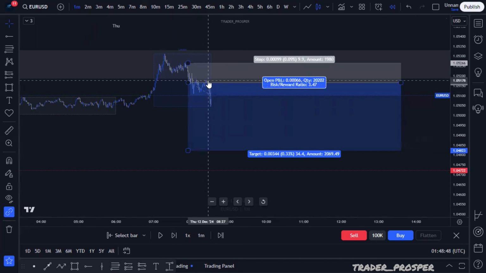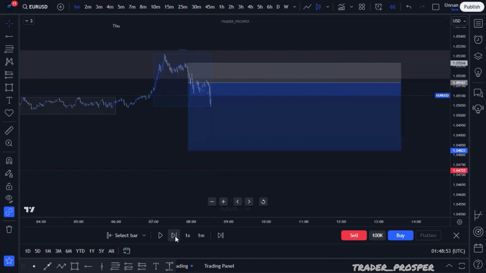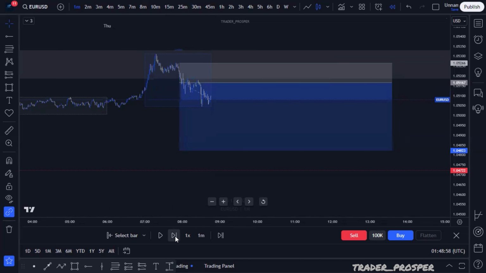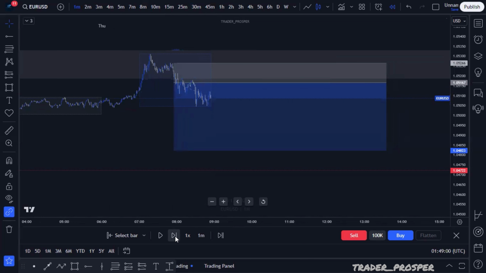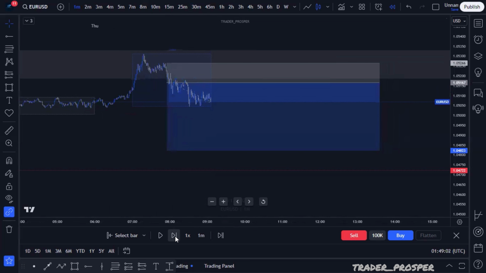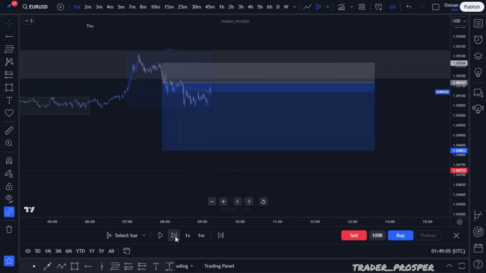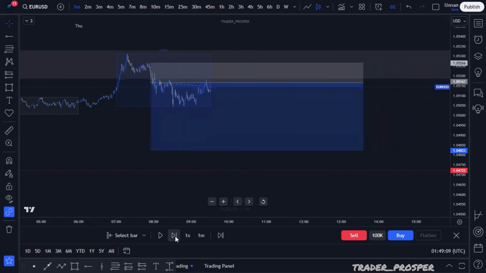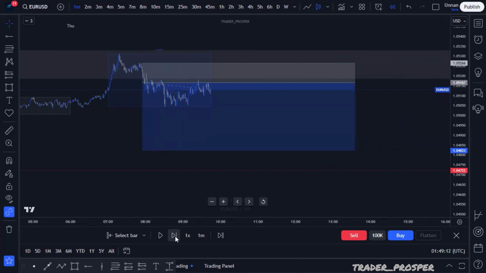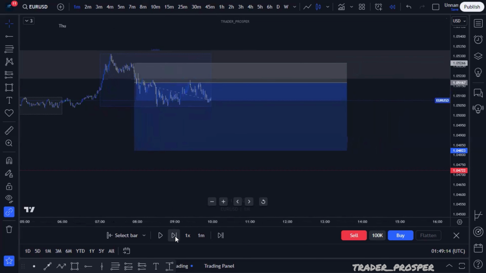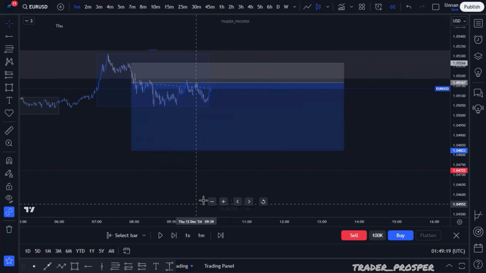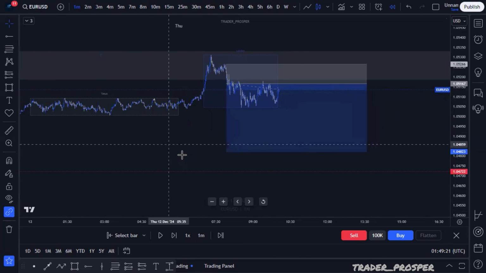So as soon as price created a lower high at this point, and this was the current low, we can't manage this trade yet. We need to break below this current low that has formed for us to go break even.